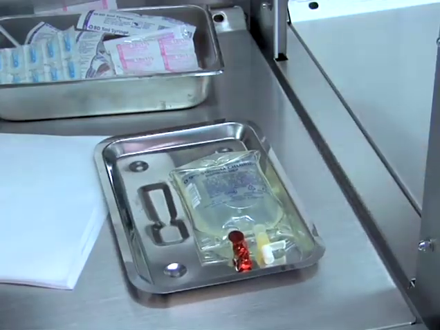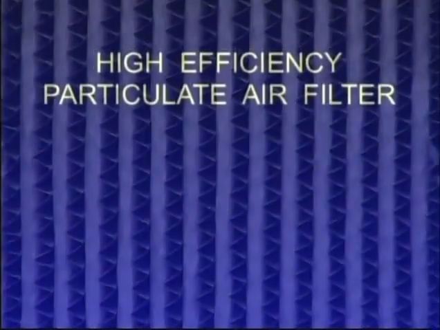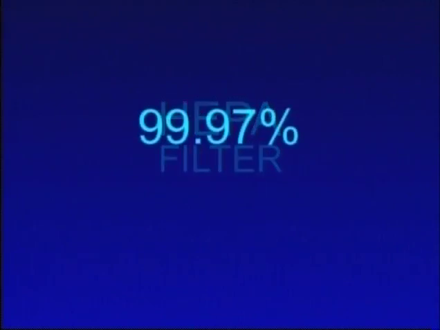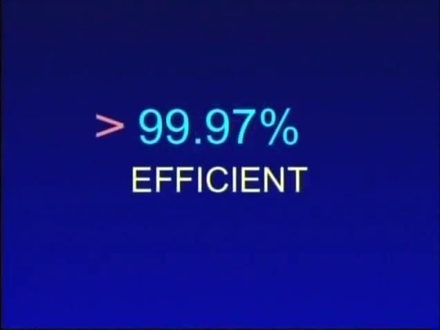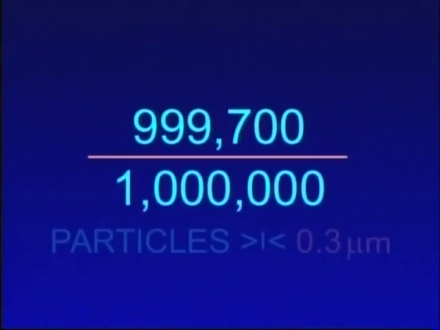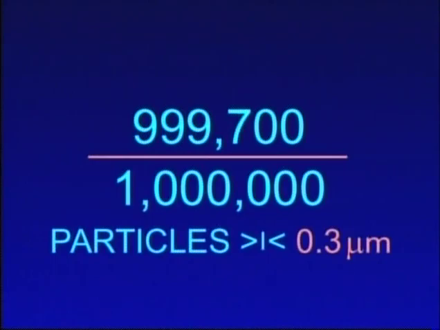The key component common to all three types of engineering controls is the high-efficiency particulate air filter, or HEPA filter. The HEPA filter is rated to be at least 99.97% efficient. This means that at its point of least efficiency, the HEPA filter is capable of trapping and retaining a minimum of 999,700 of every million particles greater or smaller than 0.3 microns.